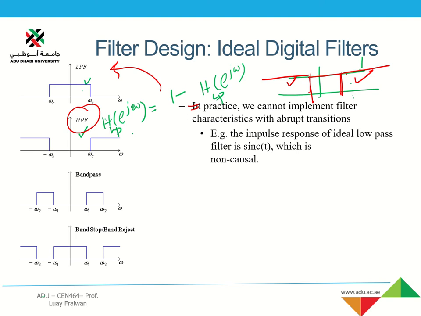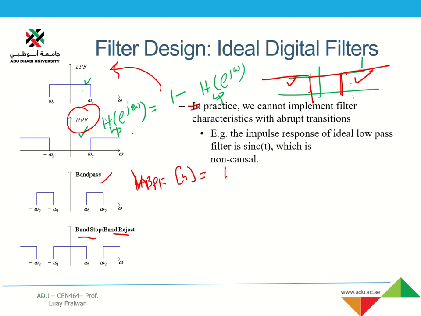Similarly, this design is a band pass, and this one is a band stop or band reject filter. If you want to write the band pass filter's transfer function, in time domain it will be the difference of two low pass filters.